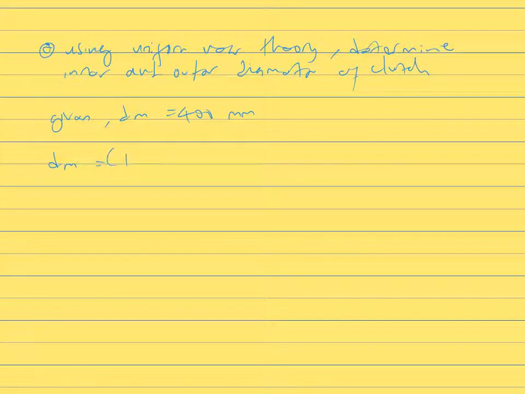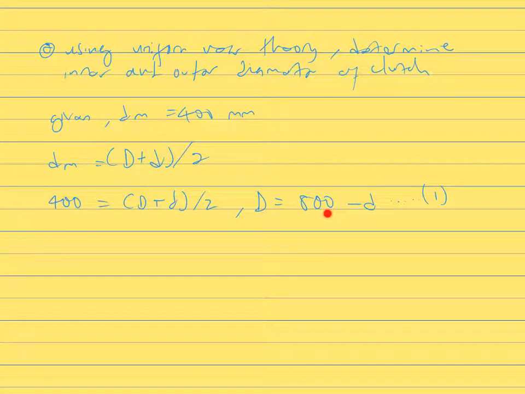From the formula of cone clutch, mean diameter is equal to major diameter plus inner diameter divided by 2. So our mean diameter is 400, and major and inner diameter we need to find. Let them be D and d, divided by 2. So simplify, we assume that major diameter D is equal to 800 minus d. This we take as the first equation.